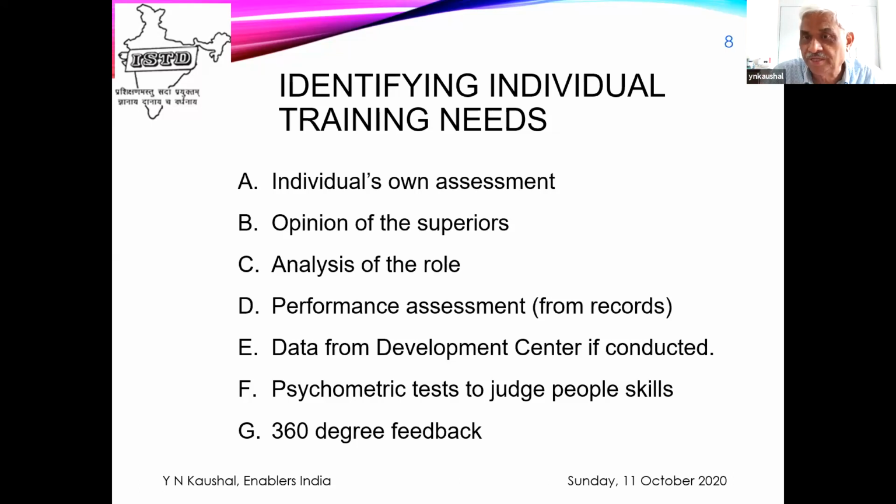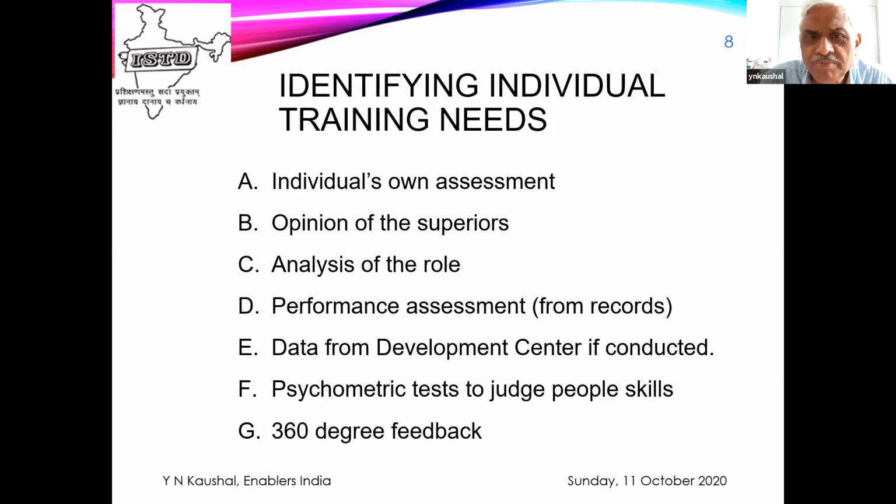Now, there can be a third part also. The third part is there are many skills which a person is having, but those skills are not being utilized in the current role. There are certain things which are utilizable, there are certain things which are not utilizable. For example, a person is working in Delhi, and the person has got a diploma in German language. Now, the skill of German language in his current role is not required.